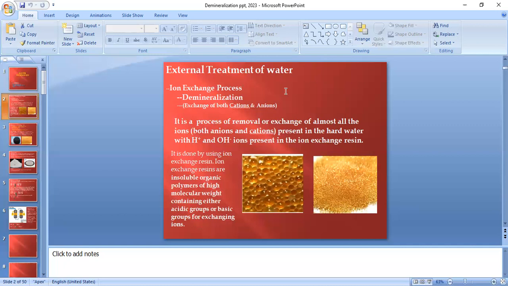Thus, demineralization is the process of removal of hardness causing cations and anions present in the water. Usually, the cations are replaced by hydrogen ions H+ and anions are replaced by hydroxide ions OH-.